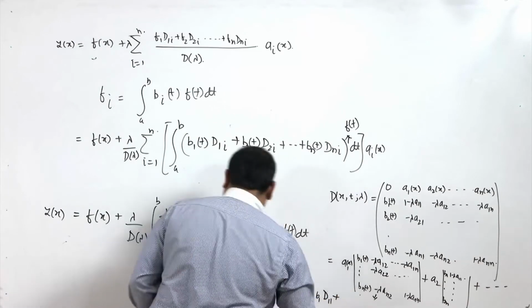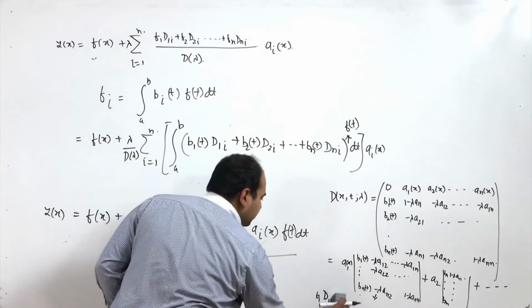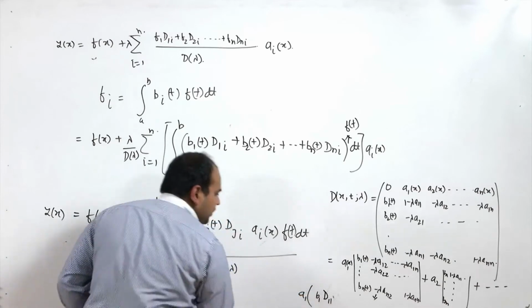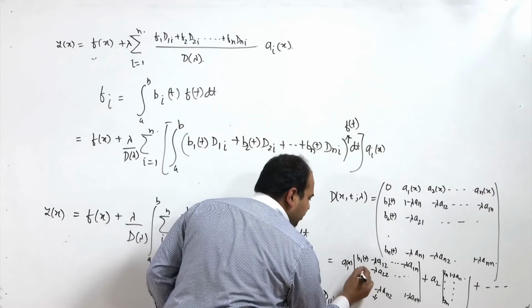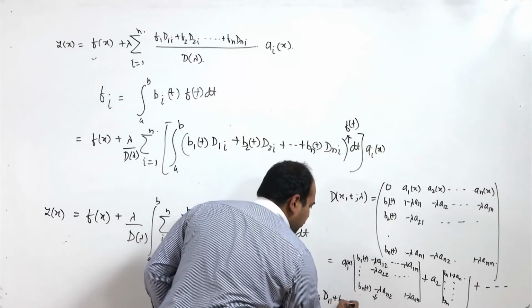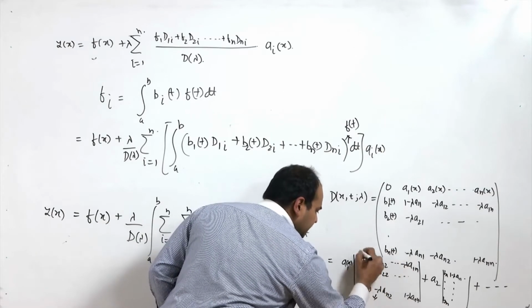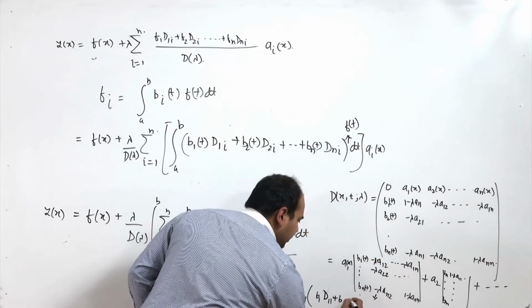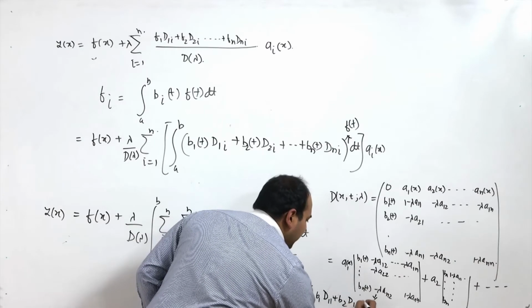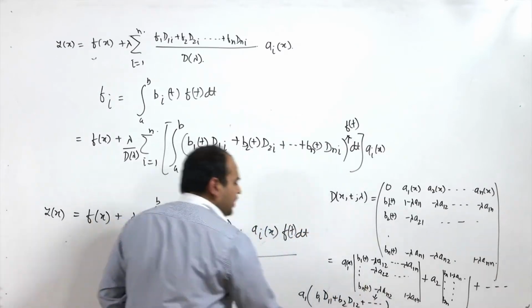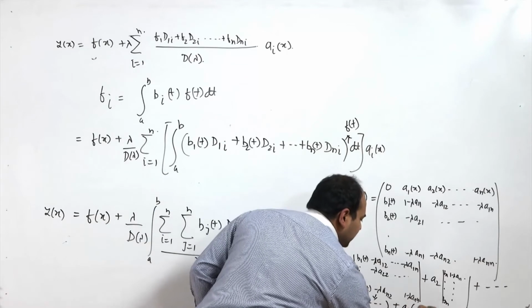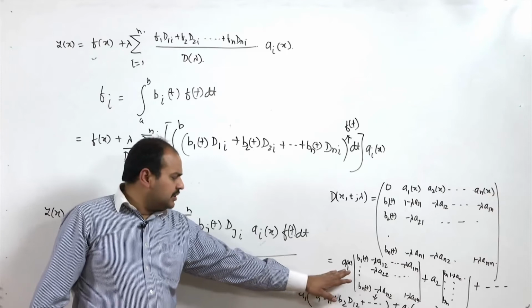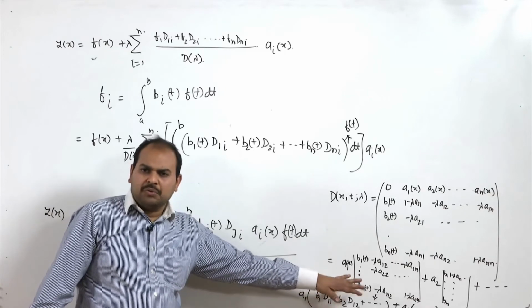So here the coefficient of a1 is b1 d11, and then you have b2, and this row and this column are gone, and then it is d12 and so on, right. Similarly, when you do it for a2, you will get a similar expression. This is a little bit calculative, so you try to expand it.